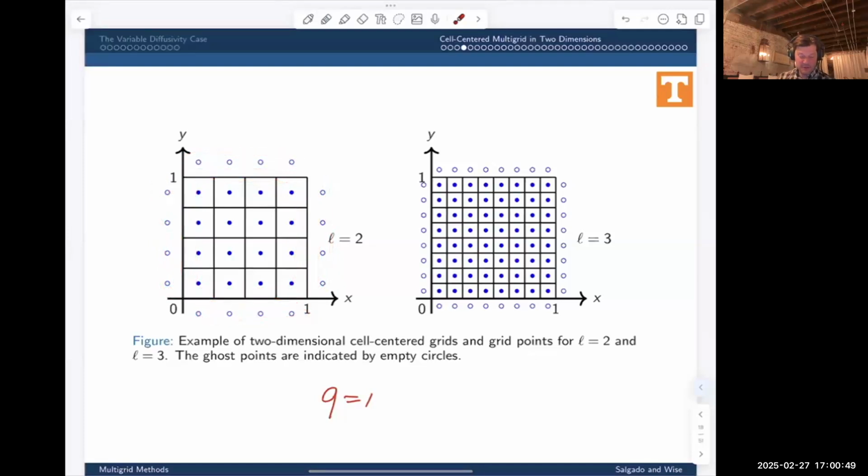And notice that there's no ghost cells here, here, and here, and here. Those 4 points don't have ghost cells associated to them. And the reason why is kind of complicated, so I'm not going to go into it in any depth, but just suffice it to say, we don't need ghost cells at those points.